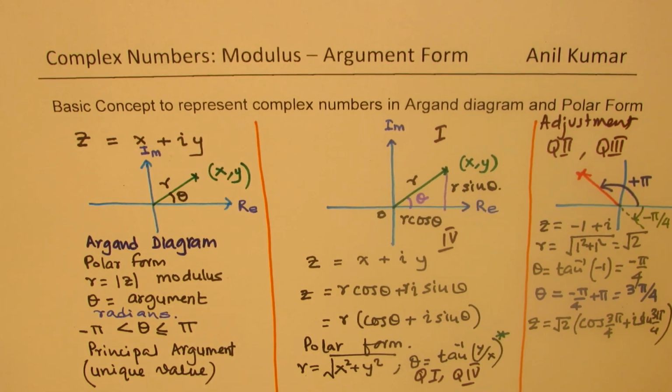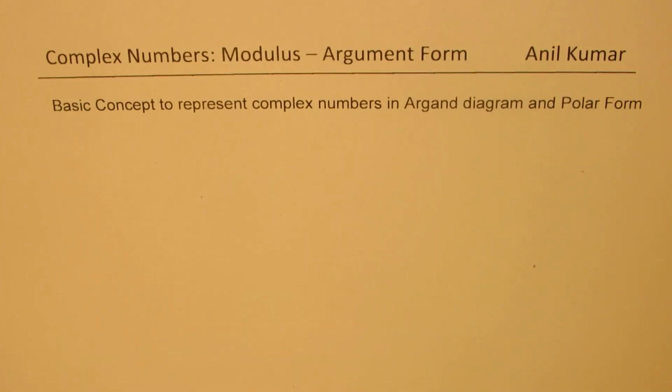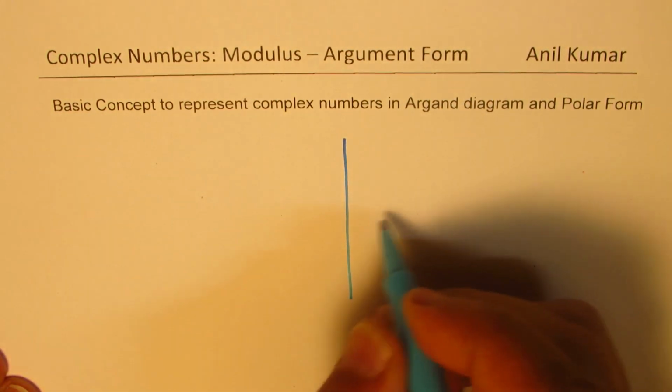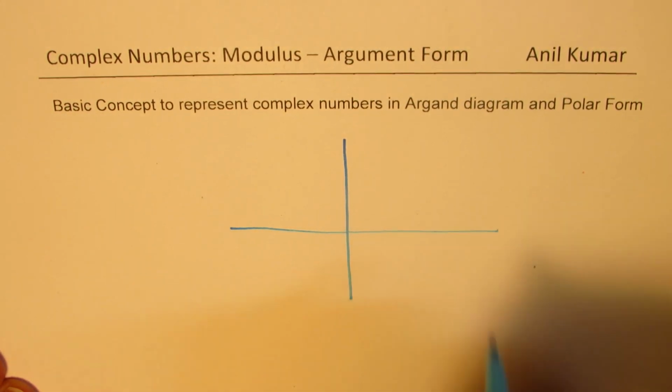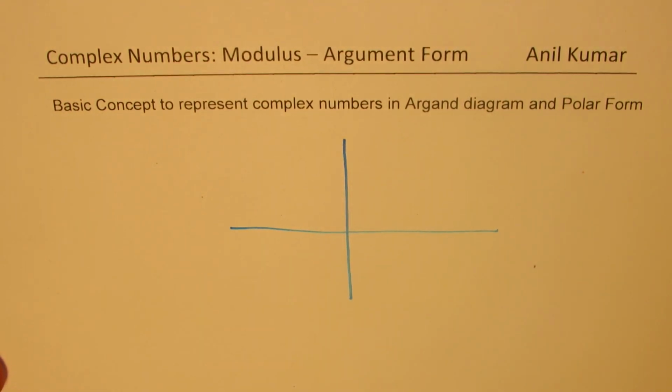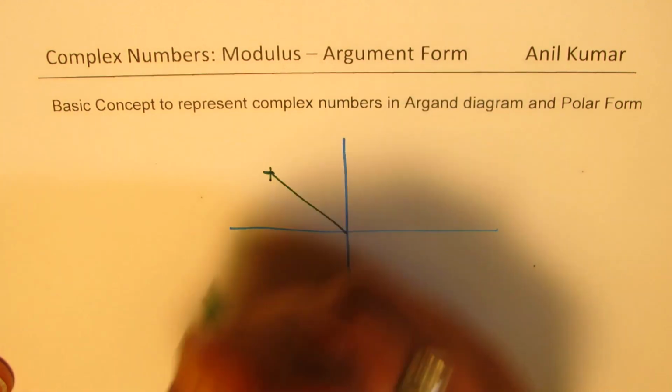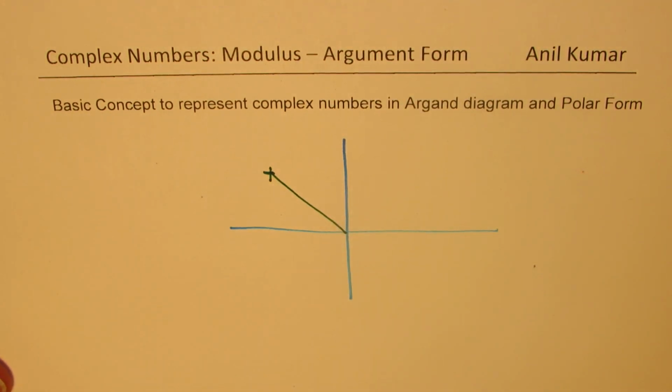Let's take this concept once again on a fresh page. So what we're trying to say here is that if you are considering, let us say, a complex number in this part, correct?